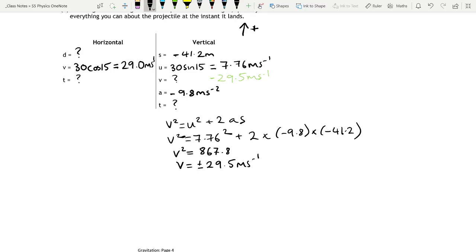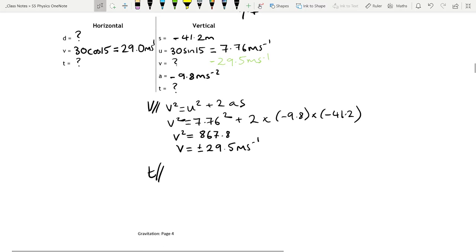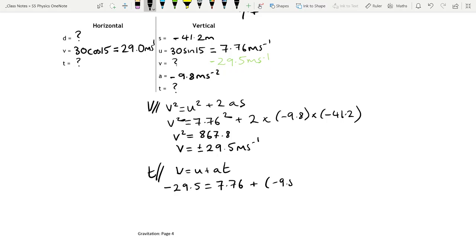Then to find t, v equals u plus at. You could use a couple of different equations for that. So minus 29.5 equals 7.76 plus minus 9.8 times time.